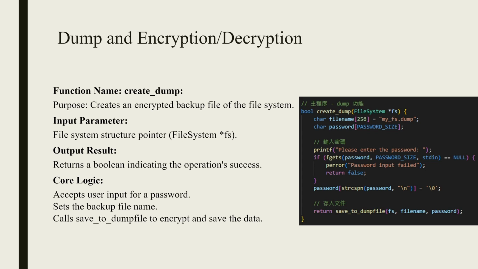The default file name is myfs.dump, and it's stored in the file name variable with a size of 256. Next is the password: the function prompts the user to enter a password for encryption, and if the input fails, it will display an error message and exit.